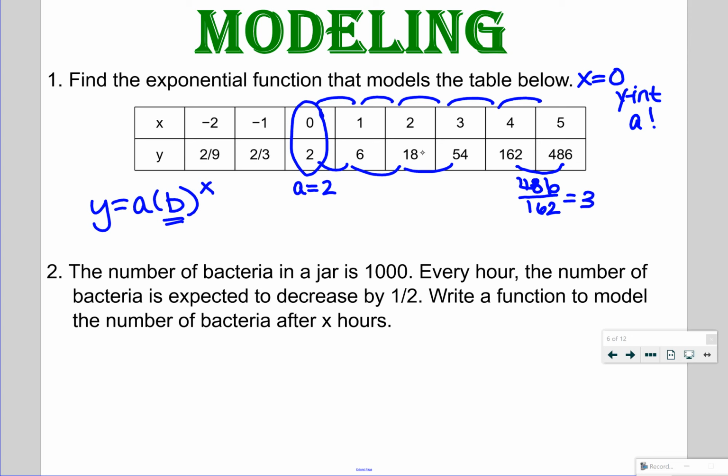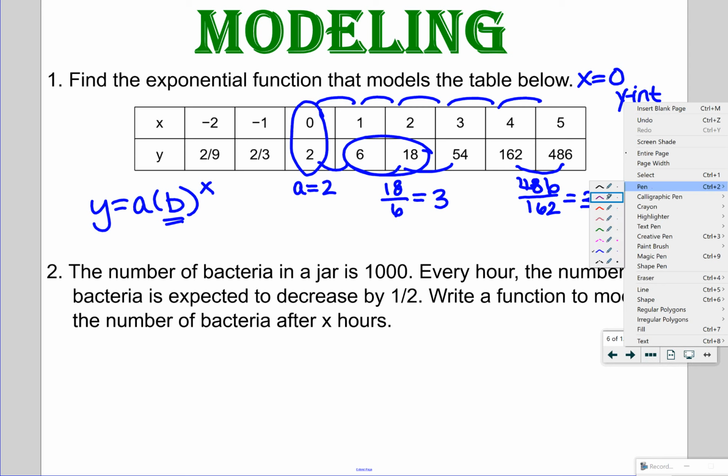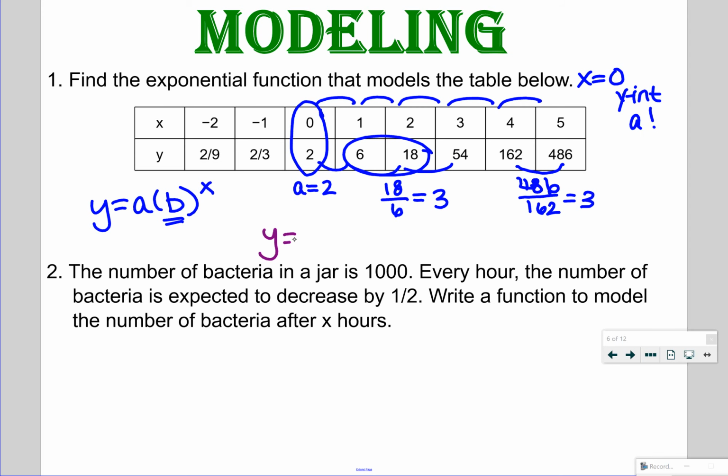If you take any two values in your table and divide them, the later one by the earlier one, you're going to get that b value, and it's going to be constant throughout if it can be modeled with an exponential function. So we can say that the function for this table is y equals a, which is 2, our starting amount, initial value, y-intercept, b, what we're multiplying by from one term to the next, which is 3, and then we're going to take that to the x power.